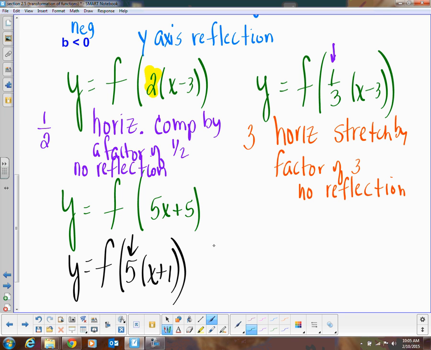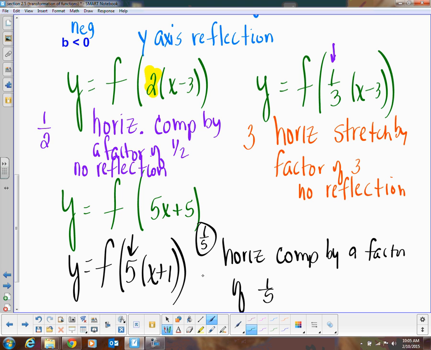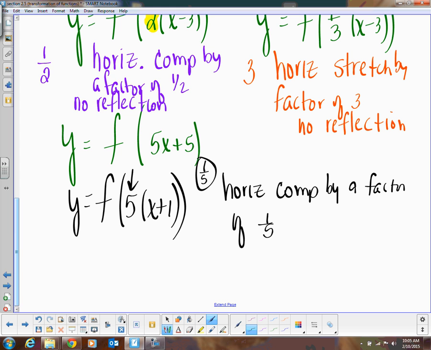What's the reciprocal? So therefore, it's a horizontal compression by a factor of, okay, remember, you might want to write that reciprocal just to have it in front of you. Is there a reflection? No reflection. Okay, C and D is really easy.